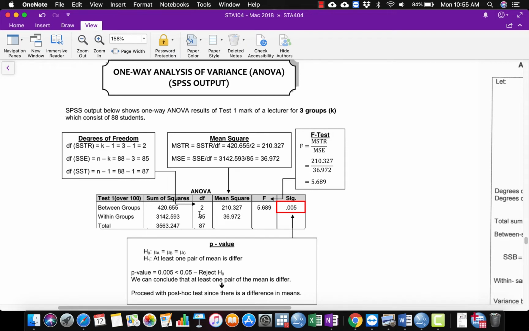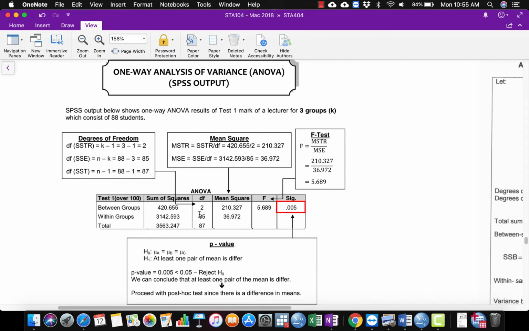The assumption for ANOVA is that the X variable, the independent variable, should be a categorical variable with more than two levels. If you have male and female, it's not enough to use one-way analysis of variance. You should have more than two levels. If you have ethnicity, Malay, Chinese, Indian, then you can use one-way analysis of variance.